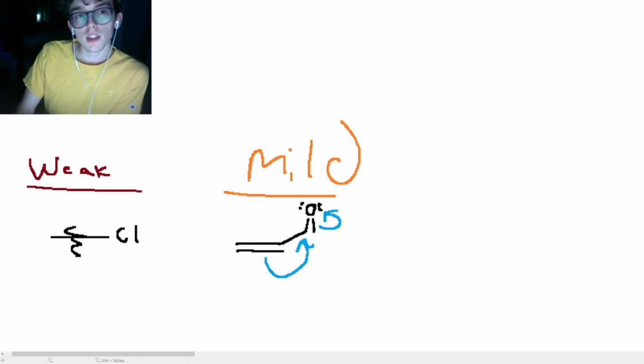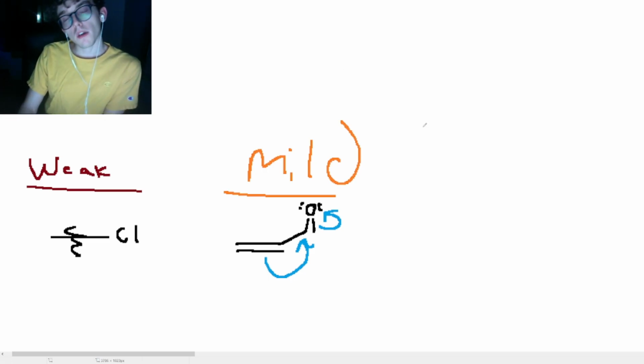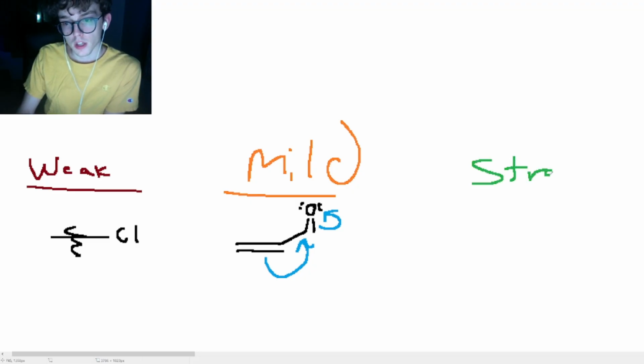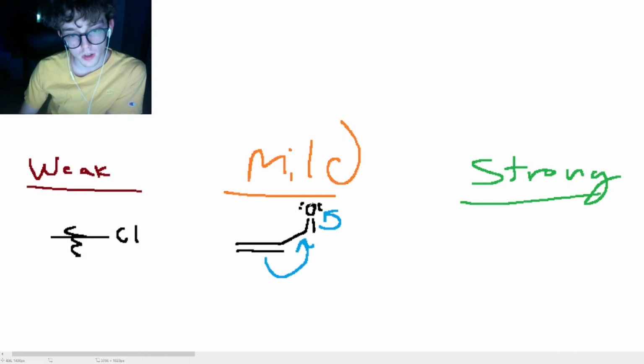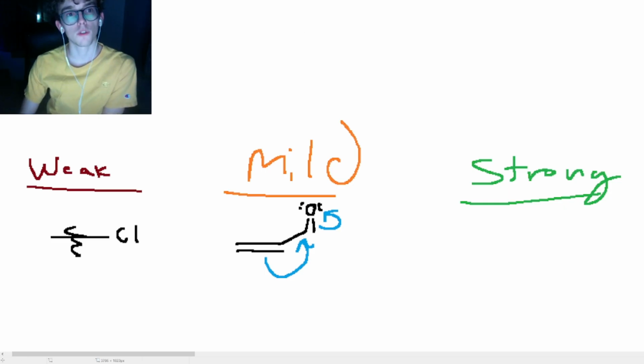Now, our strong deactivators are kind of hard to categorize, but they're quite simple once you get the hang of it. Just think multiple electron withdrawing electronegative atoms. So here we had one atom that's electronegative, that's pulling electron density from the aromatic ring. But here we have two. And a prime example of this is NO2.